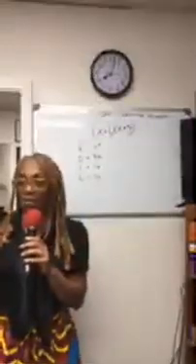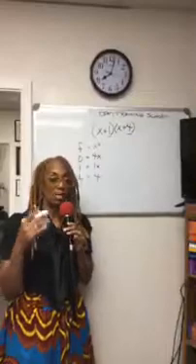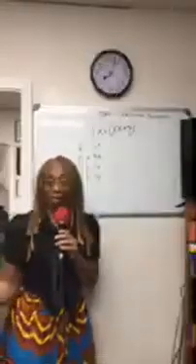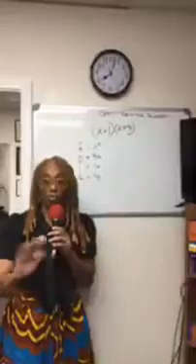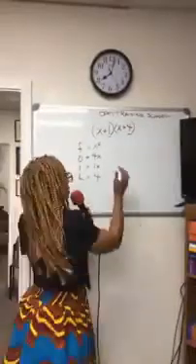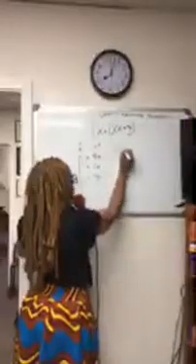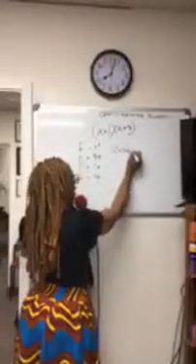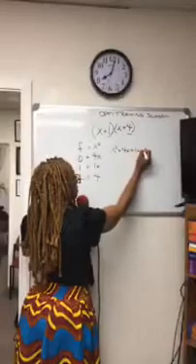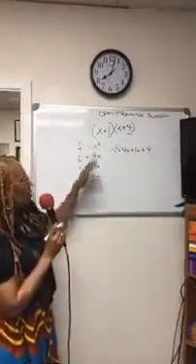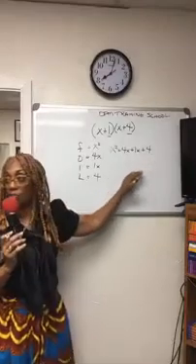Okay? We're not finished, but at least now we have distributed or multiplied our terms. So now we write it as an algebraic expression: x squared plus 4x plus 1x plus 4. All I did was write it as an algebraic expression.